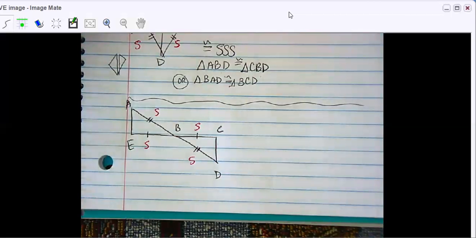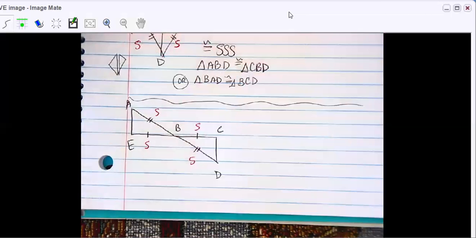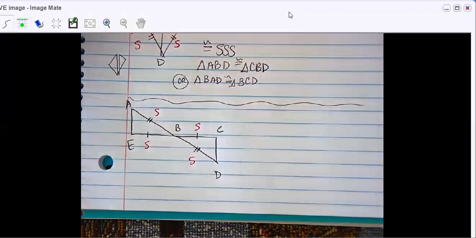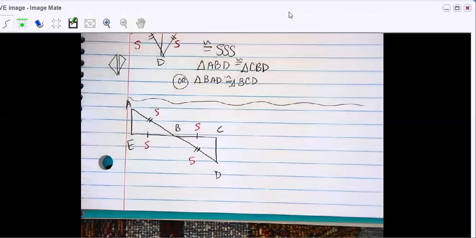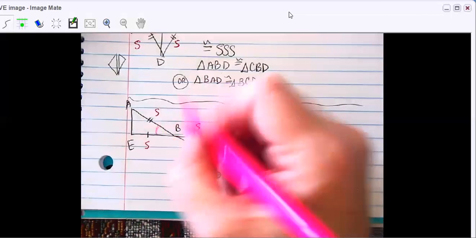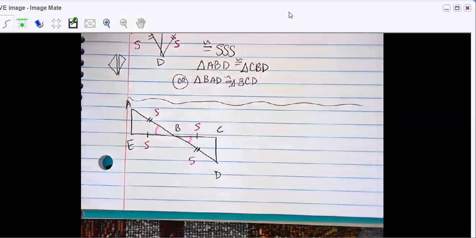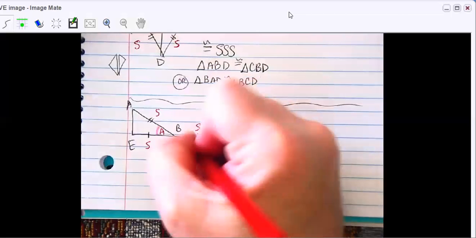Common side would look like the one above. Does it have vertical angles? Yes, it does. It makes an X right here. So I'm going to do that with a different color. So I can mark this vertical angle and this vertical angle. So now I have an A. Okay, that's my third piece of information.